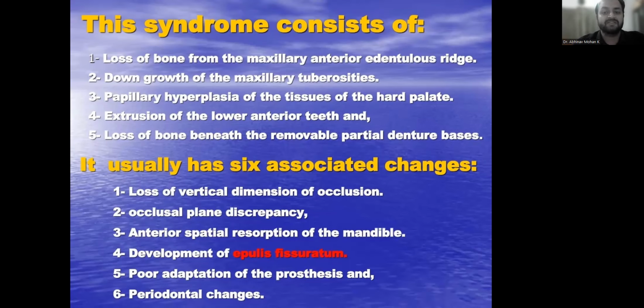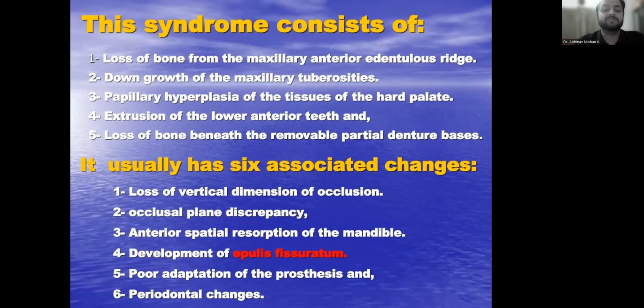This results in rapid resorption and a flabby ridge, and the dentures, once fabricated, will not have adequate support from the ridge. This results in chronic pushing of the denture towards the labial sulcus, creating irritation, which finally results in a condition called epulis fissuratum, and a lot of resorption of the anterior maxillary ridge.